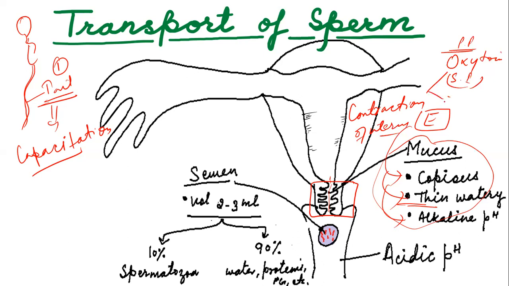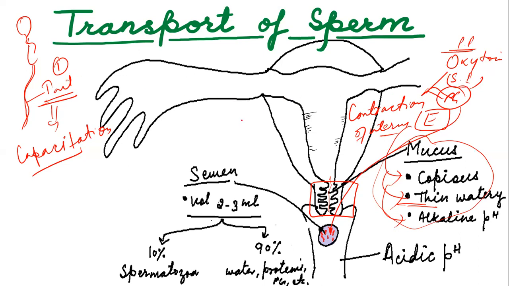The second thing is prostaglandin. This prostaglandin is present in the semen, derived from the prostate gland. It will also cause contraction of the uterus, which will facilitate the movement of the sperm.